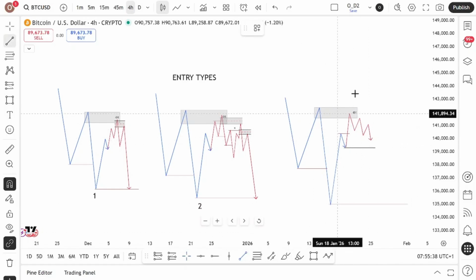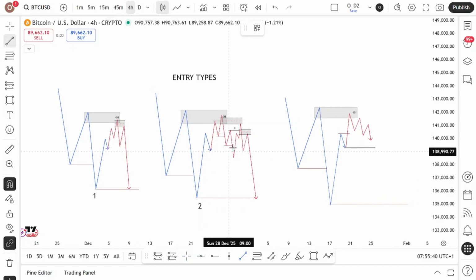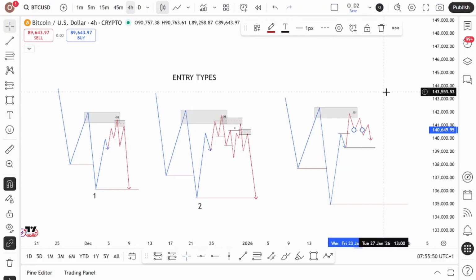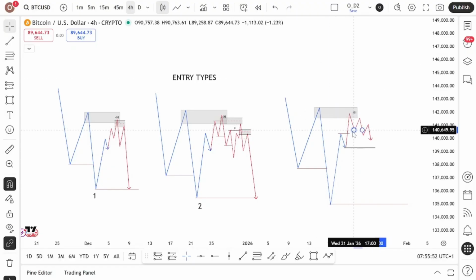Now, what is now looking very, very similar to this? Now, on this internal structure, note that this is the 45 minutes. On the 45 minutes, you now have internal structure that gives you this break of structure one. I hope you guys will be able to see this. It gives you break of structure one here.